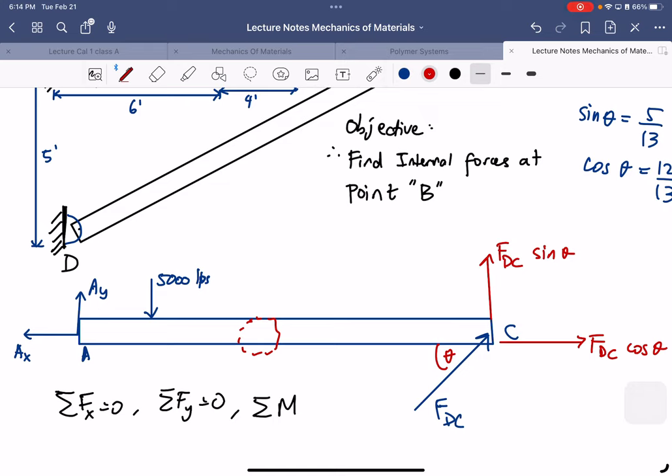If we take A for the moment, we are going to get all the components here. Ideally, in statics, it is easier if you calculate the moment first, and then calculate the sigma F. So calculate the moment, especially for point A, and then calculate the sigma F.